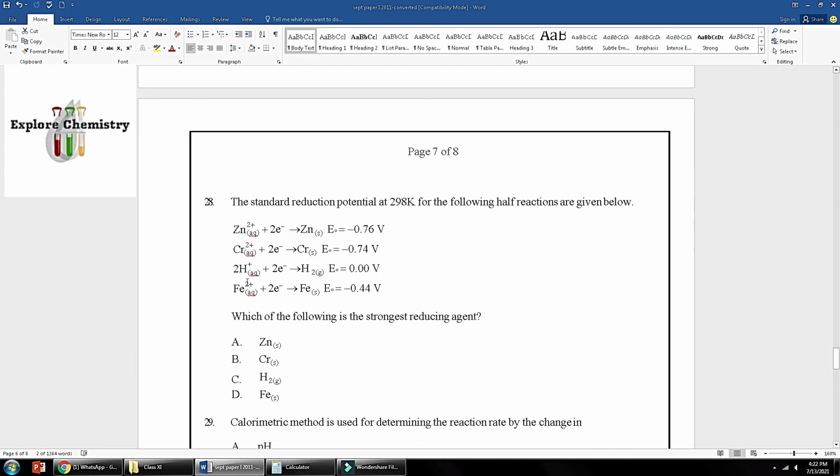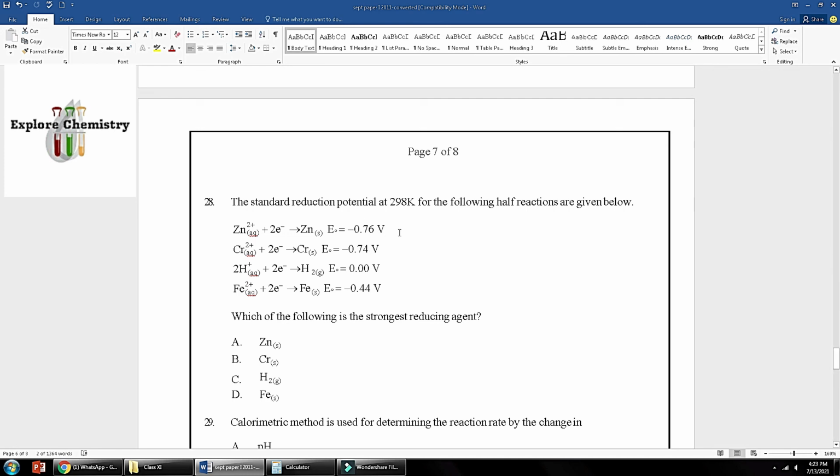Number 28, the standard reduction potentials at 298 Kelvin for the following half reactions are given below. Which of the following is the strongest reducing agent? Now all are reduction potentials and these are the values. The substance which has the capability to oxidize is the strongest reducing agent, and the substance having the capability to oxidize will have the lowest reduction potential value.